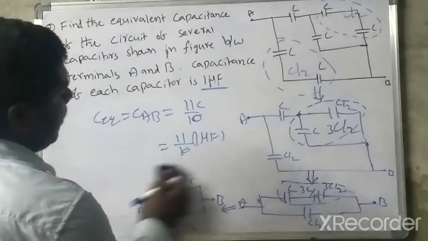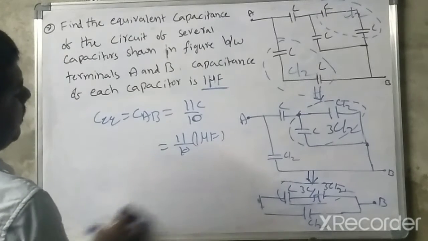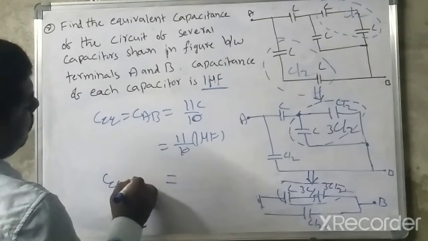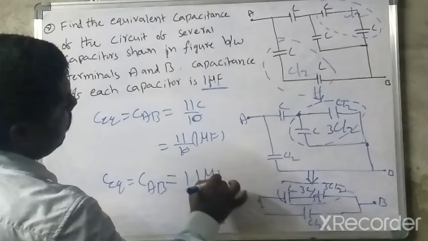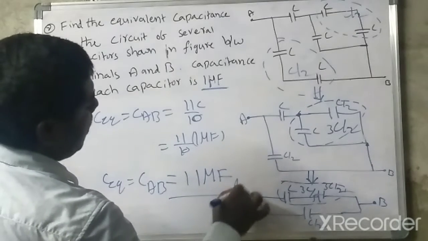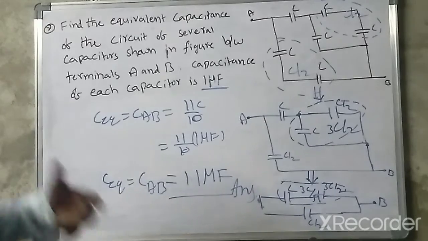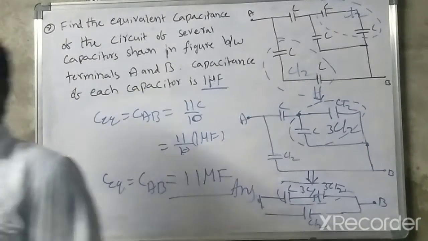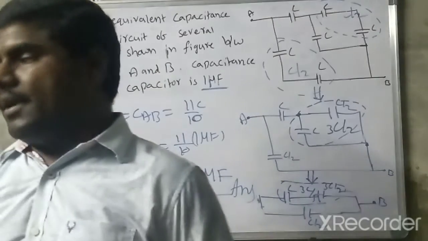So CAB is equal to 1.1 microfarad. So now this is the answer to the question. The final equivalent capacitance is 1.1 microfarad.